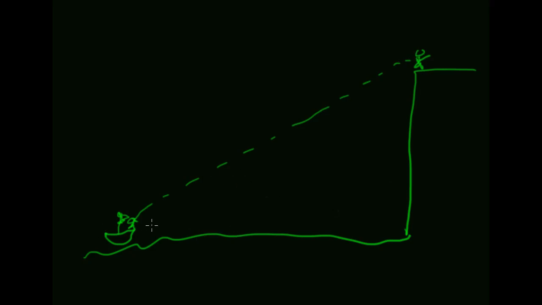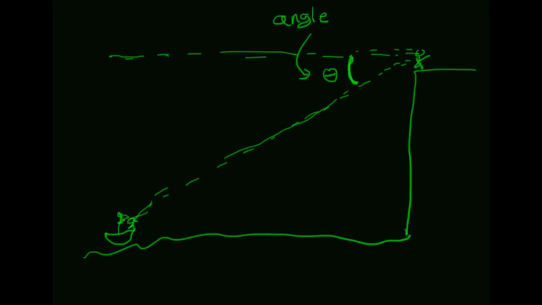Okay, so if this guy is looking out from here, straight across, and then looks down at the guy on the boat, the angle that is formed here, we'll call that theta, is what we call an angle of depression. Okay, so he's looking out and then he's looking down, so his angle depresses. This is what we call an angle of depression.